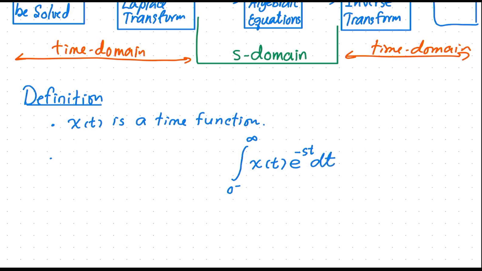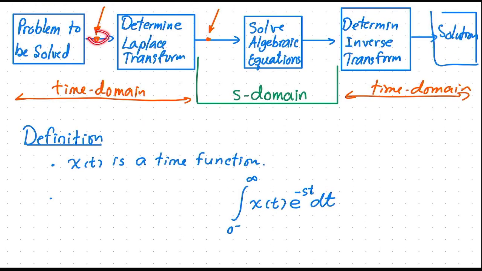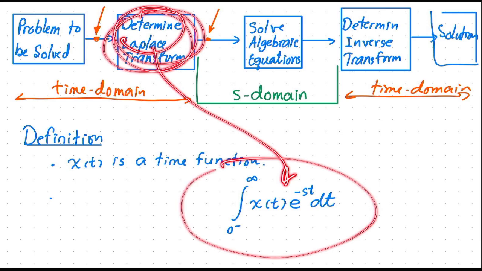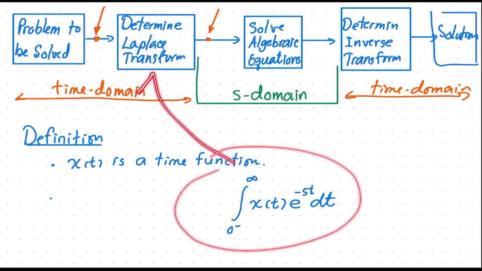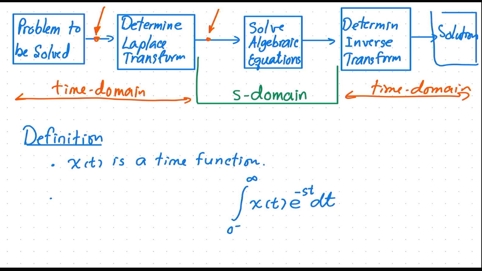Now, what you do is you have a time function x, which you want to convert from the time domain into an S domain right here. So what you do is you do this process. This process is actually this integral. This integral is this box here, the Laplace transform. So you put the function x inside this integral, and you multiply it with e to the negative st, and you integrate it over this interval.